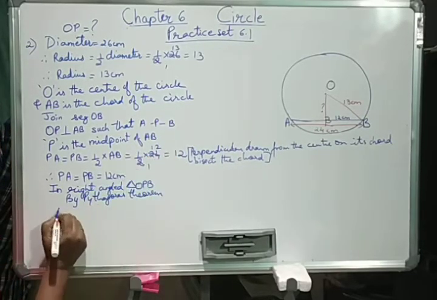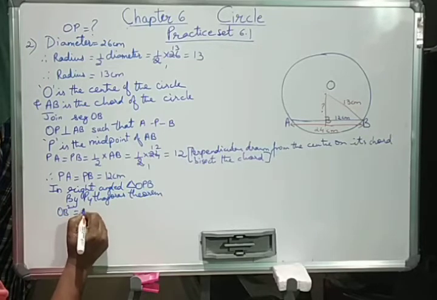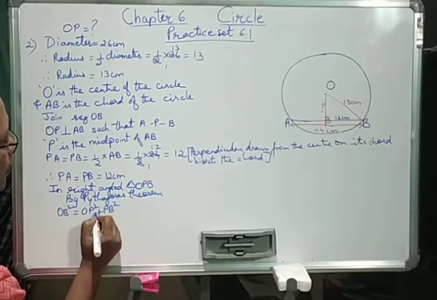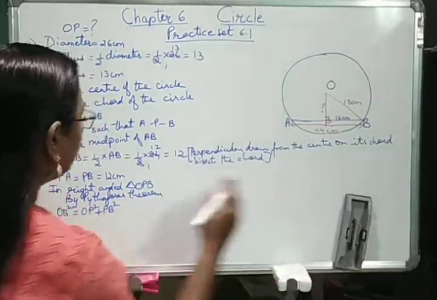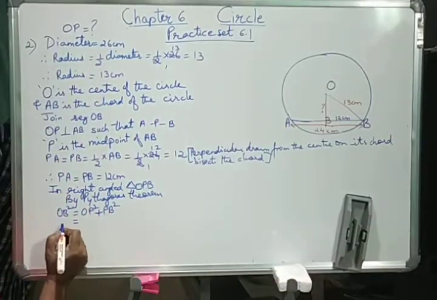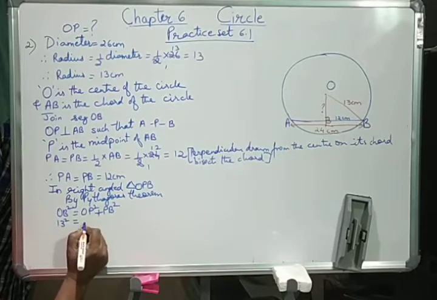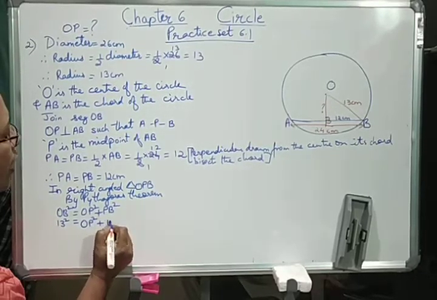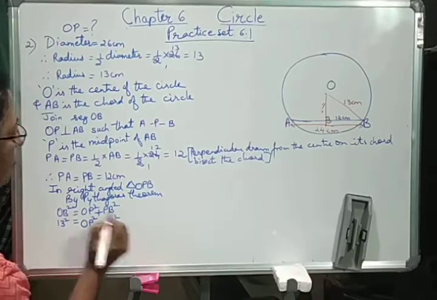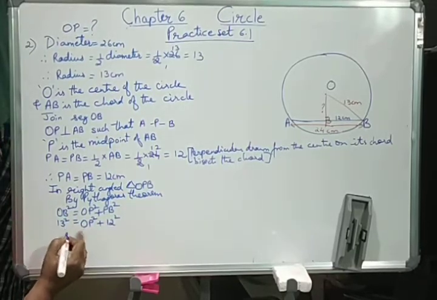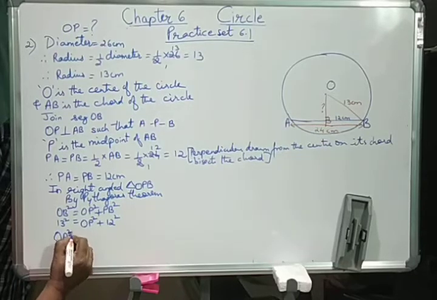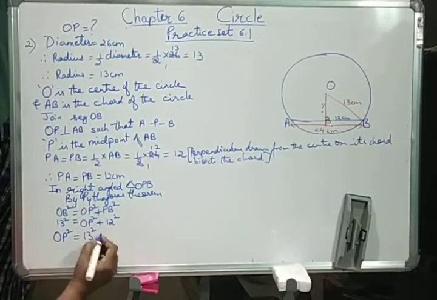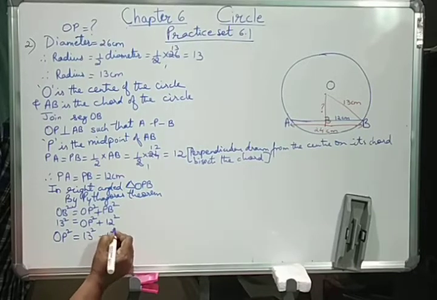OB square is equal to OP square plus PB square. Now put the value. Your OB square is 13 square, OP square we have to find, PB is 12 square. Now we need to find out OP square. So it will be 13 square minus 12 square.